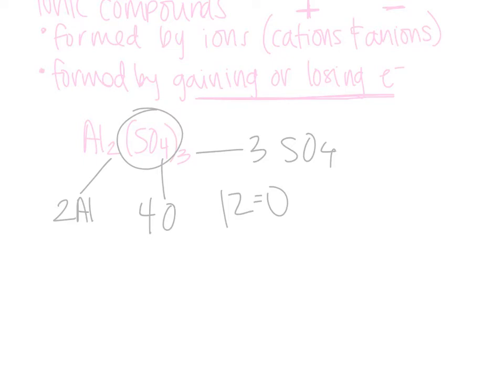And if we were to use our skills from last unit, and I asked you to figure out the charges of each of these just from this formula, I'm going to rewrite it. So remember that we get these subscripts down here from the charges of the other atom or the other ion.